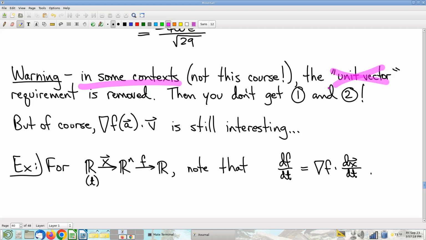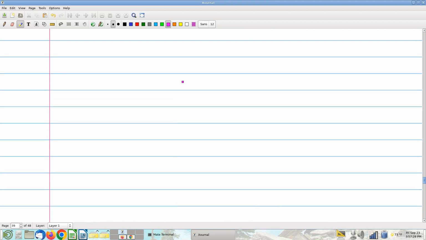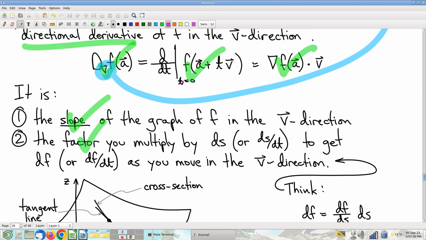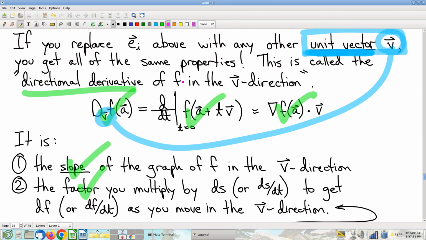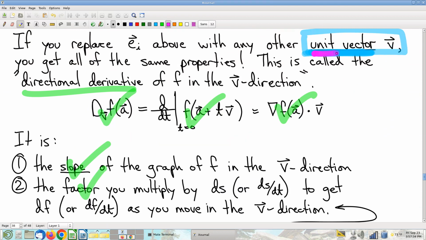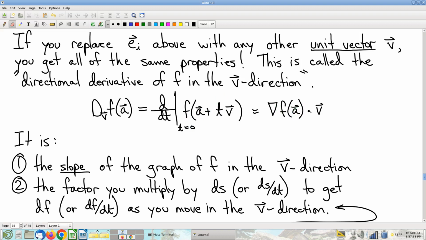But wait a minute, I've already made a pretty emphatic point that you can't do that. So what is up with that? How can they get away with just ignoring the unit vector requirement? Let me come back up here. Here's our page where we have all these various properties. And again, you have to have a unit vector as we're doing things in this course.